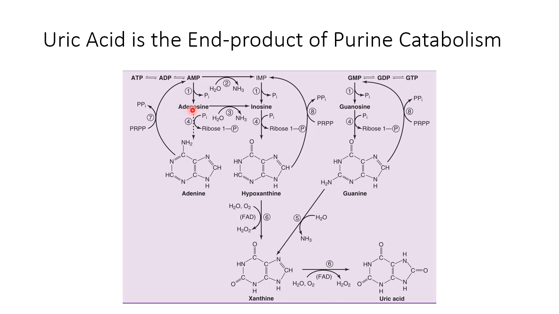If you remove a molecule of amine or ammonia from adenosine, you form inosine. If you remove the sugar backbone of adenosine, you will form adenine. And if you remove the sugar backbone of inosine, you will form hypoxanthine.